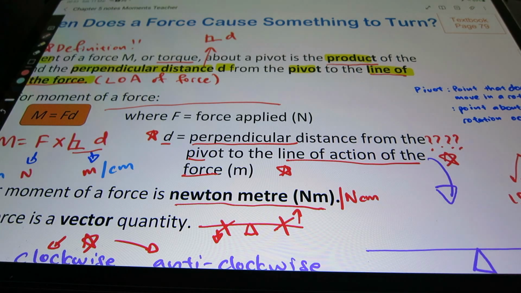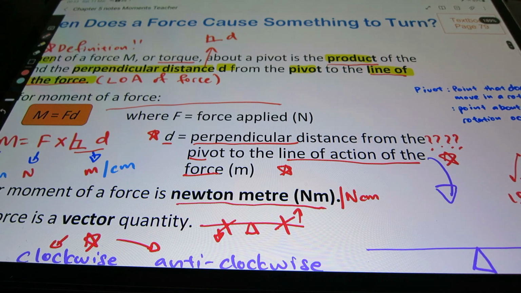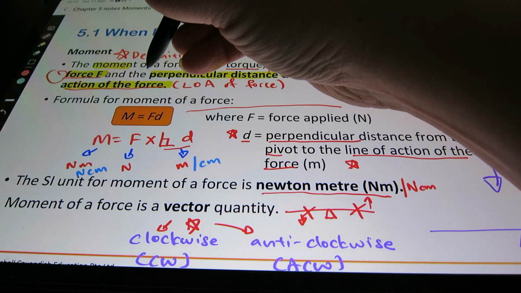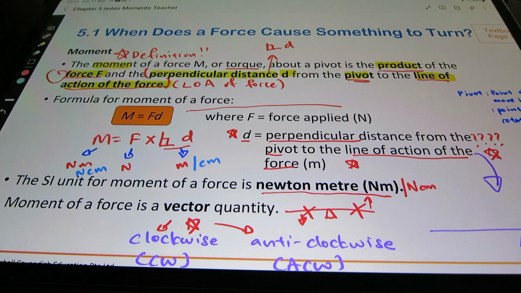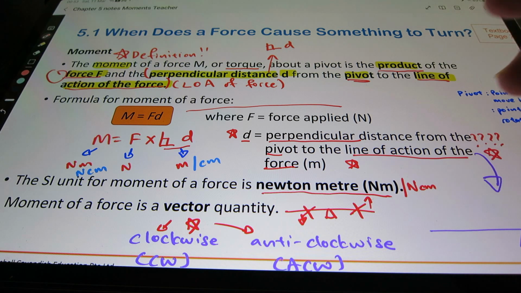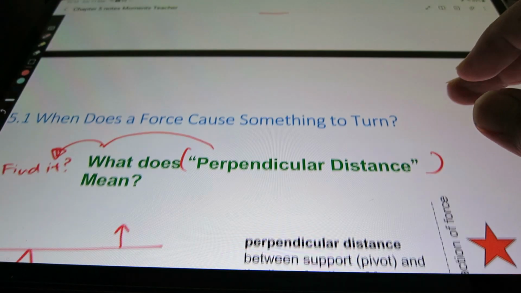Right, so now that I am clear on what the pivot is in the definition, this is just one part of finding the perpendicular distance of the line of action of force to the pivot. So now we need to talk about finding the line of action of the force and what it means for it to be the perpendicular distance. So let's have a look.